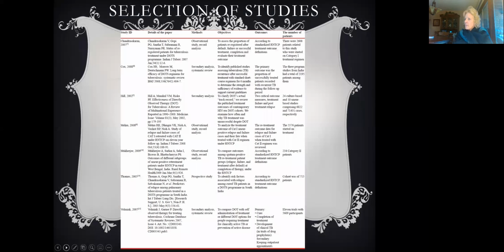So here's an example of an evidence table. I know you can't read the individual details, but it's just one way to set up an evidence table as you're pulling together the systematic review, and it gives you the author and the date, the citation, so the details of the paper so you can go find it, what methods they used, what their objectives were, what their outcomes were, and the number of patients.